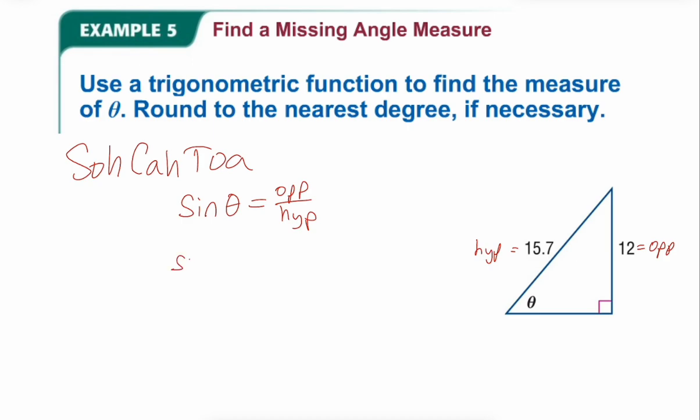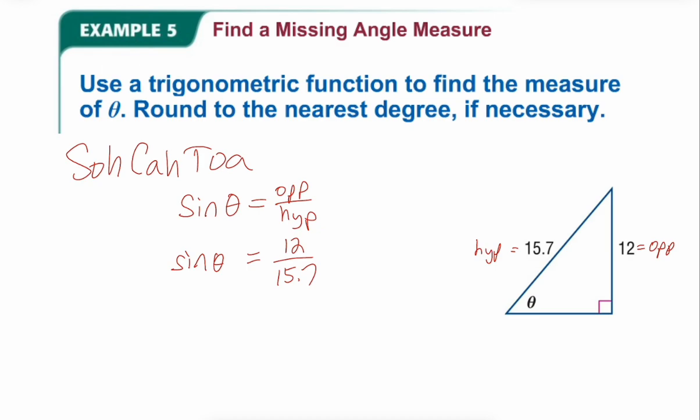We don't know theta, so we're going to leave it. We do know that our opposite is 12 and our hypotenuse is 15.7. The fraction for a sine should always be a proper fraction because you're putting it over your hypotenuse. That numerator should always be smaller than your denominator.